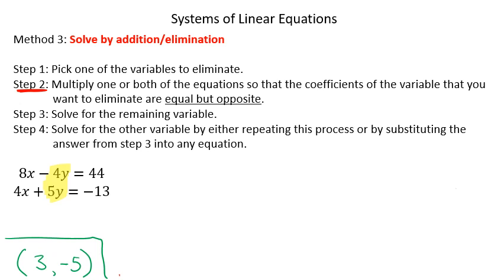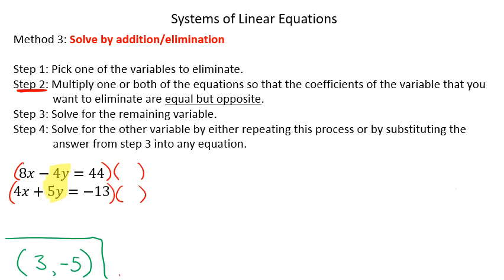Equation number 1 will multiply by something. Equation number 2 will multiply by something. Now, what do we multiply by? Well, if we can't make a 4 out of the number 5, we can't make a 5 out of the number 4, we got to change both of those numbers into something common. Common multiple. Yeah, think least common multiple.